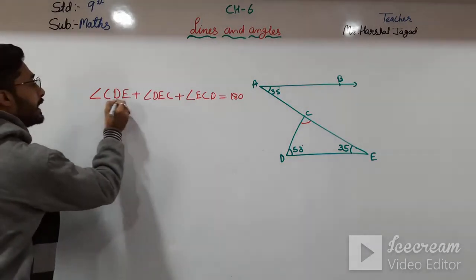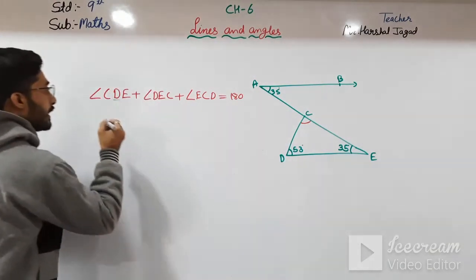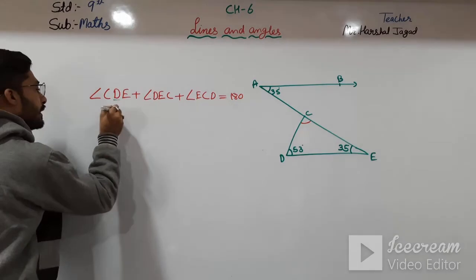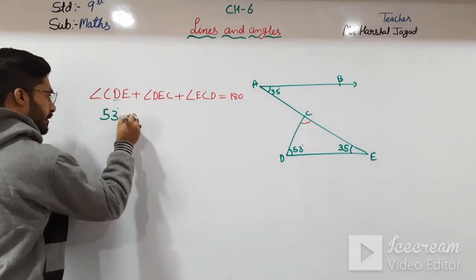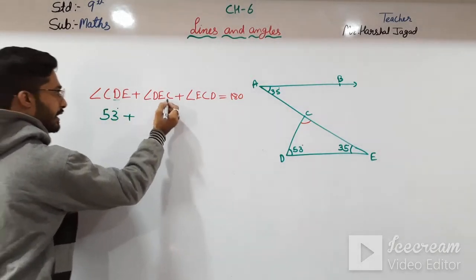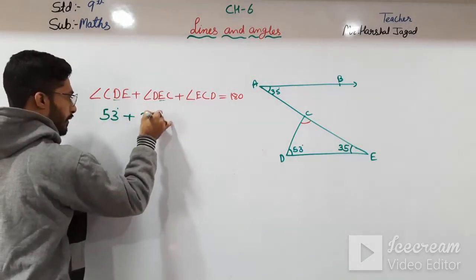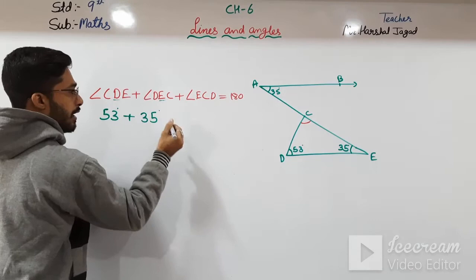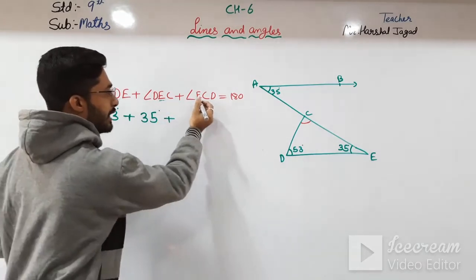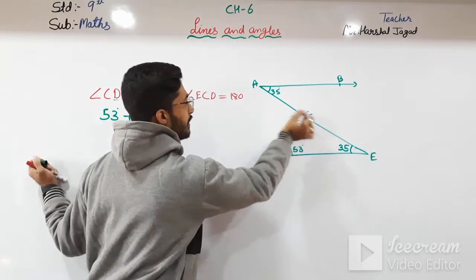Angle D is 53 degrees, plus angle E is 35 degrees, plus angle ECD, which means angle C, we have to find.